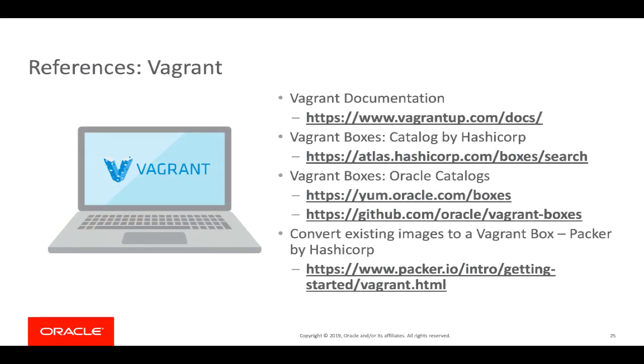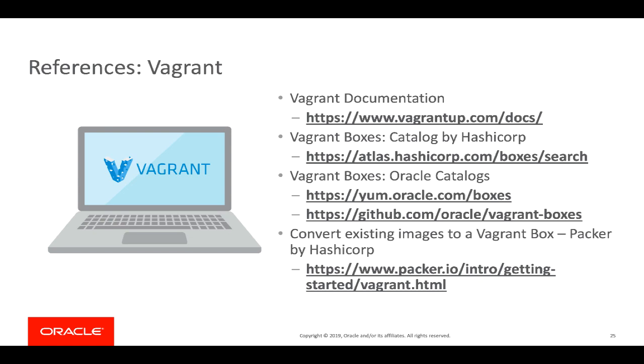And then here, references related to Vagrant. Again, Vagrant is a HashiCorp product. So, references related to the documentation, the official HashiCorp catalog with Vagrant boxes, and the Oracle catalog, yum.oracle.com/boxes, where you can find Oracle Linux 6 and Oracle Linux 7 Vagrant boxes.